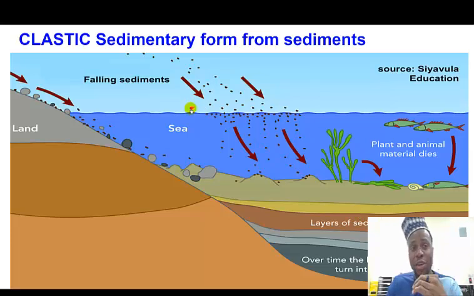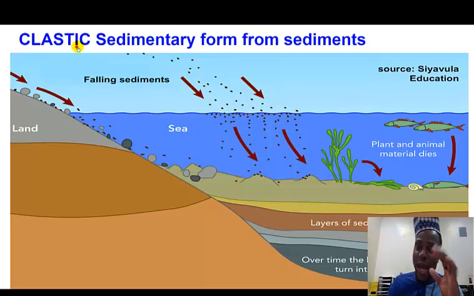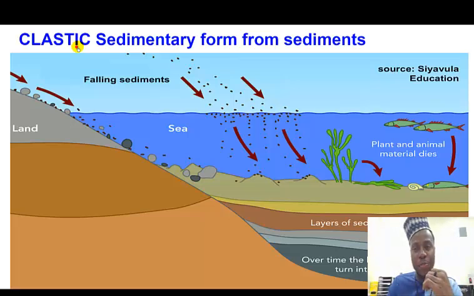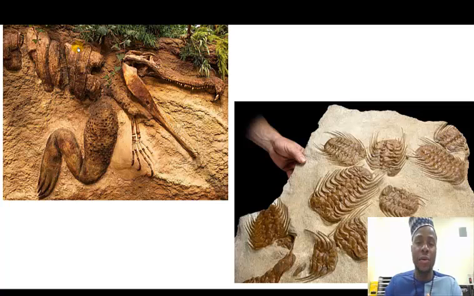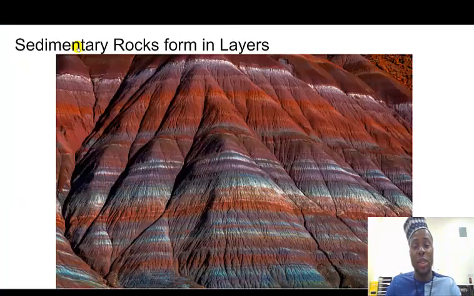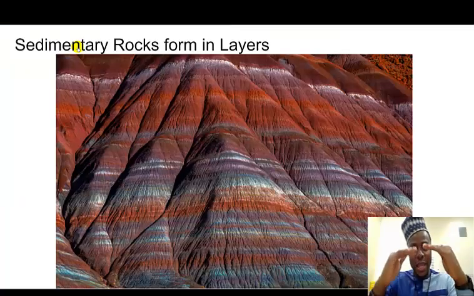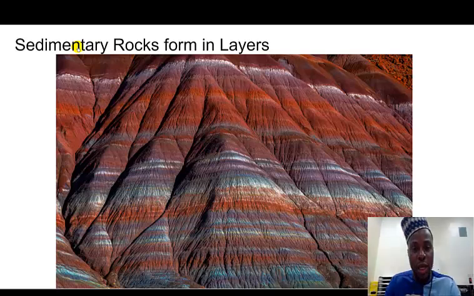Again, these sedimentary rocks are referred to as clastic sedimentary rock or land-derived sedimentary rock. So this kind of rocks, like I said earlier on, would often contain fossils of different organisms. This could be animals, or this could be plants as well. And we also established that they form in layers as well.